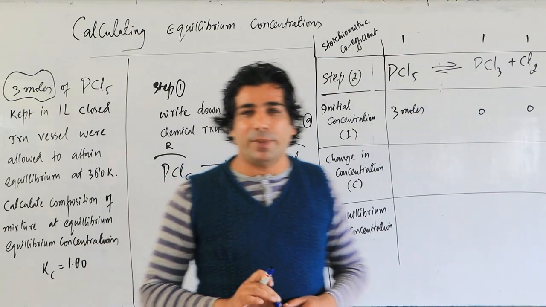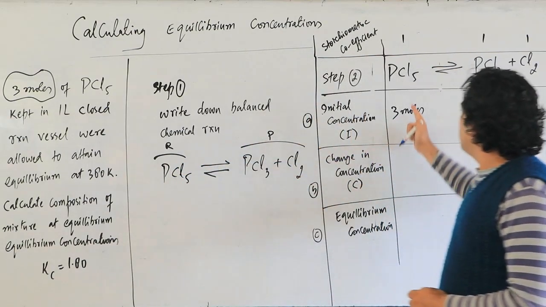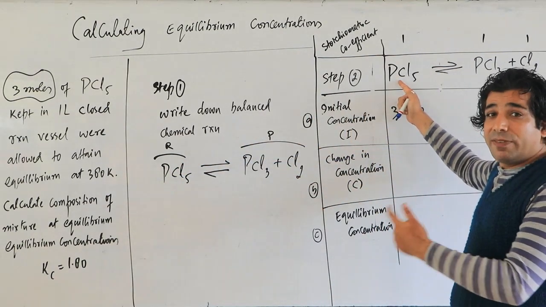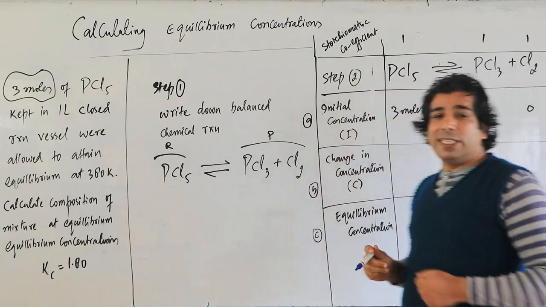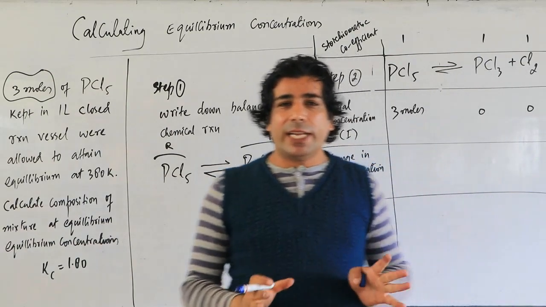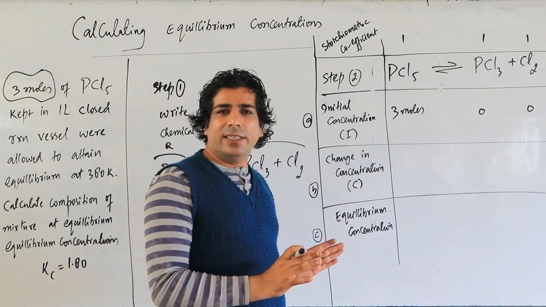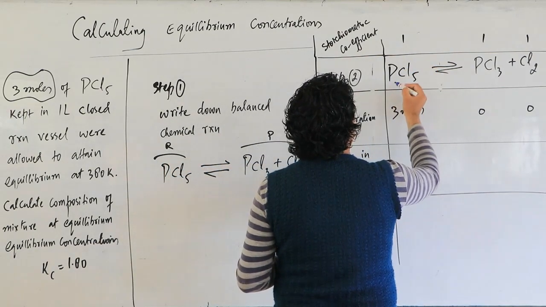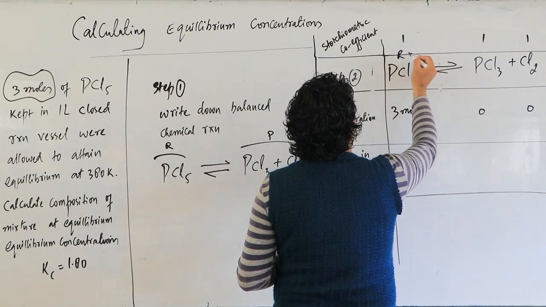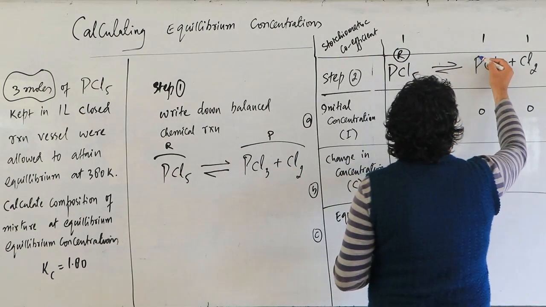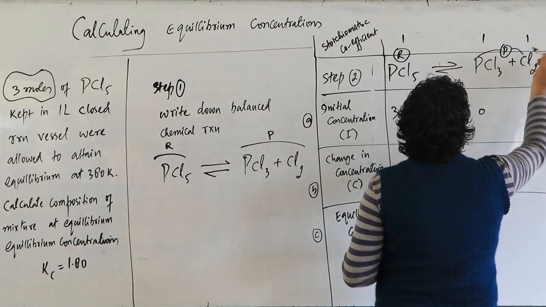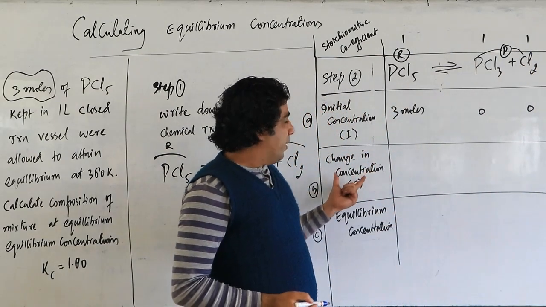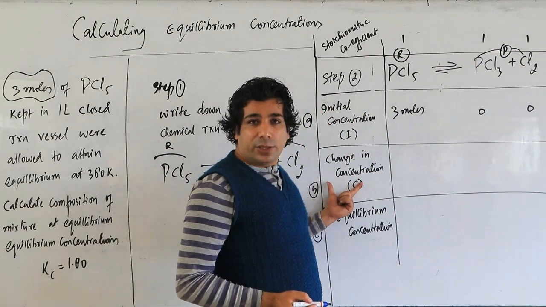Then later what happens? You will make this PCl5 react. Once PCl5 reacts, it will break into PCl3 and Cl2. My dear friend, this is our reactant, and these two are our products. We are saying here change in concentration.